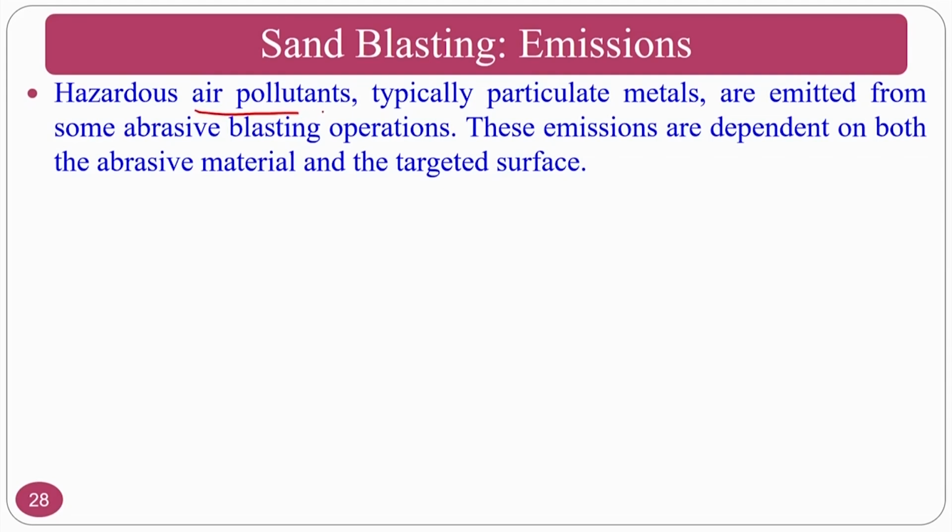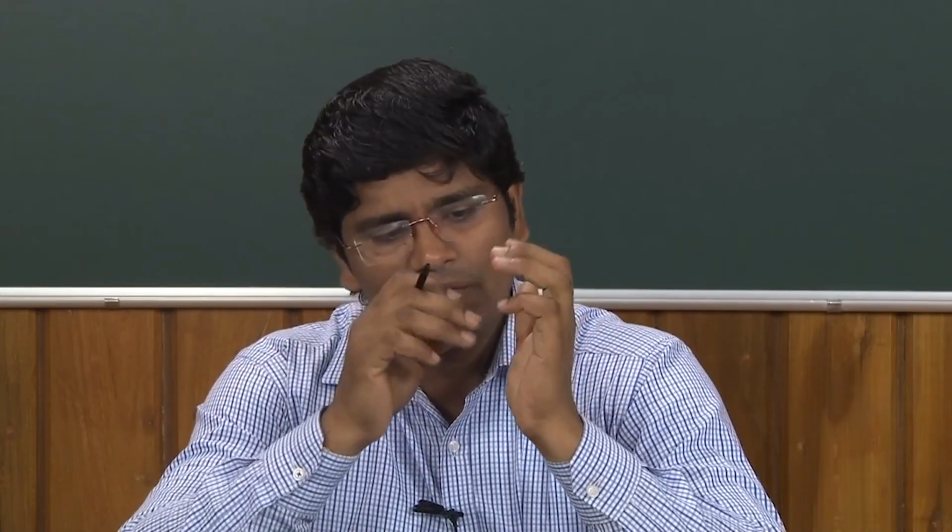Hazardous air pollutants, typically particulate metals, are emitted from abrasive blasting operations, and these emissions depend on both the size of the abrasive material and the target surface. If your abrasive particles are ceramic particles, they will go and indent on the surface. Whenever it indents, depending on the hardness ratio, that means particle hardness to workpiece hardness, a lot of mechanical changes will take place in the particles.